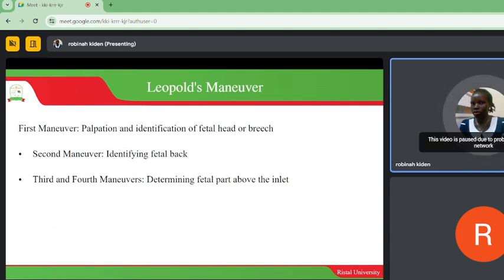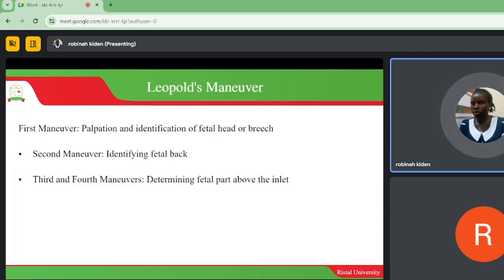So that is the first maneuver. When you're doing that maneuver, that is what you are targeting. Then the second maneuver is identifying the fetal back. After identifying where the head and the breech are located, you can now look for the back. Which side is the back of the fetus located?